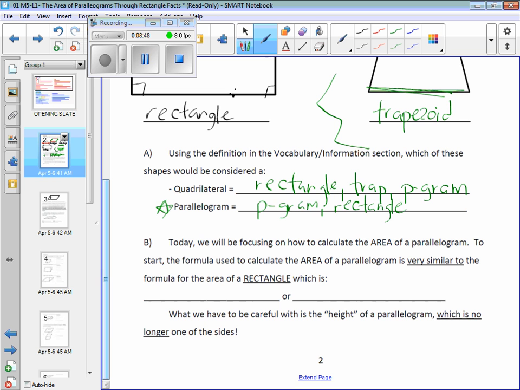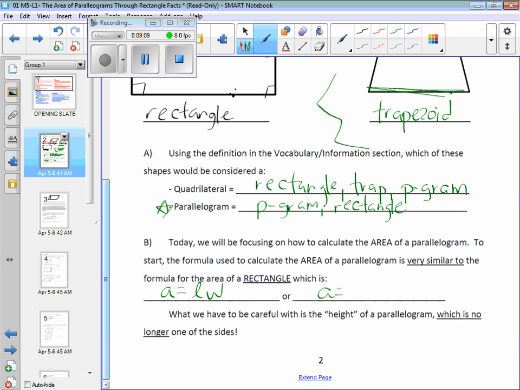I'll get you started. A equals what? Length times width. Tell me if you've seen it this way in 5th grade, because we're going to refer back to this formula. Length times width can also be called base times height.